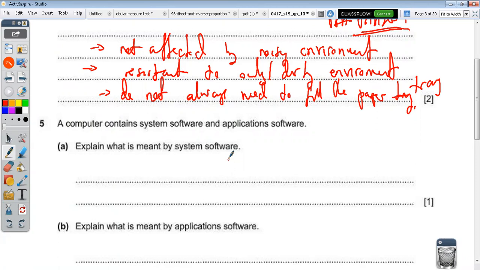System software are programs that control and manage the computer's hardware or run the application software.